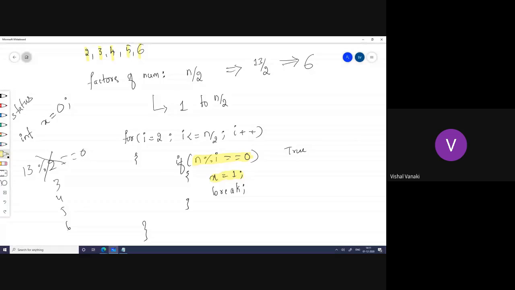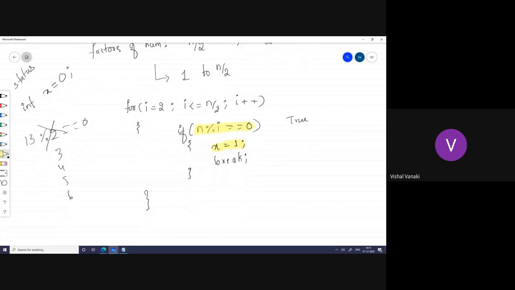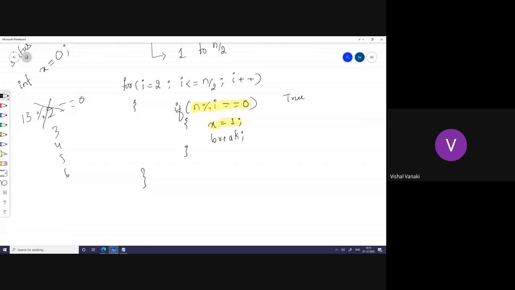Once out of the loop, I check: if x is equal to 0, the condition was not executed. If x is equal to 1, the number is divisible by a factor. If x remains unchanged, I print prime. Else I print not a prime.